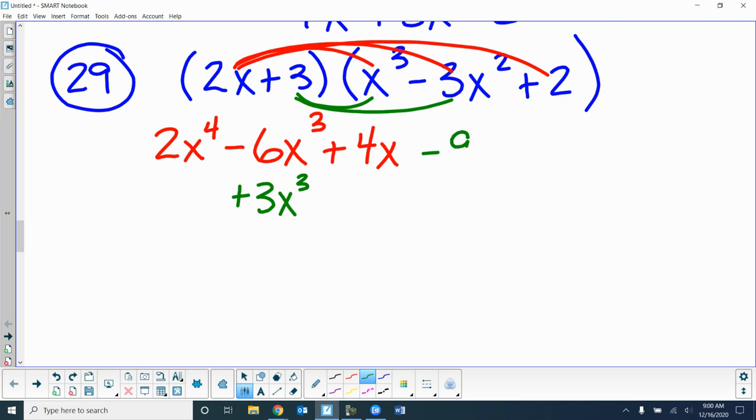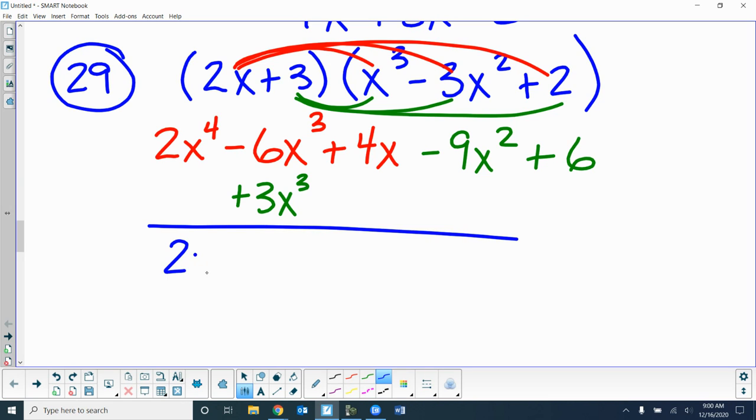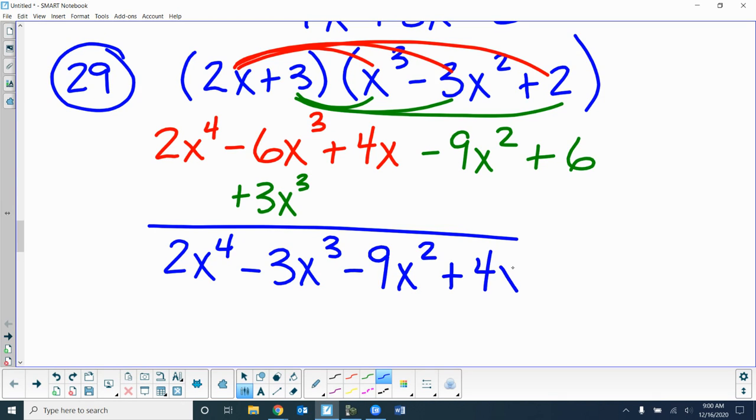So let's put it over here. And then 3 times 2, 6. So I only have one set of like terms. All right, put it in the right order. We got my 2x to the 4th, negative 3x cubed, negative 6 plus 3 is a negative 3. Now let's put the negative 9x squared next. Put it in the right order.